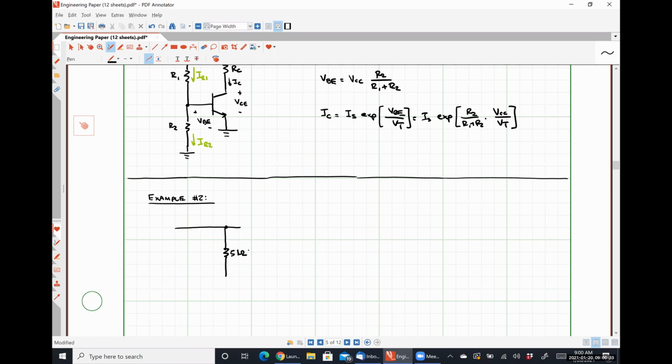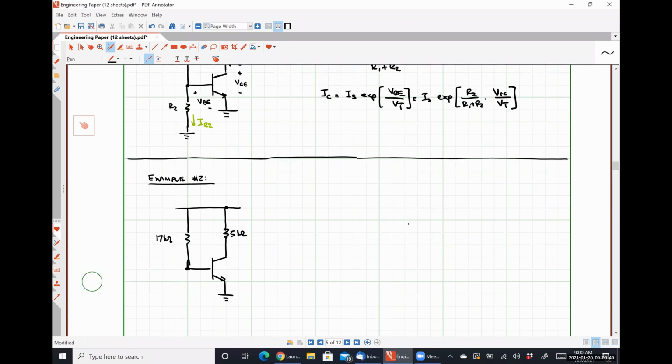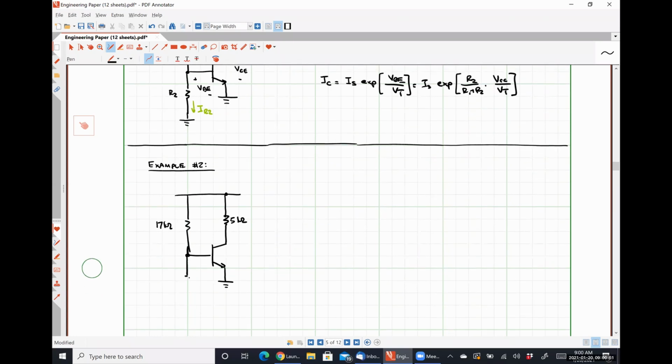Five kilo ohm resistance. 17 kilo ohms here. 8 kilo ohms here.